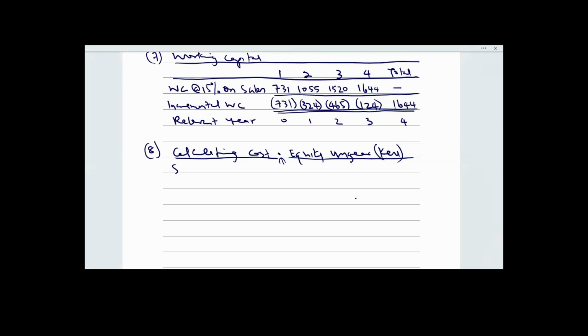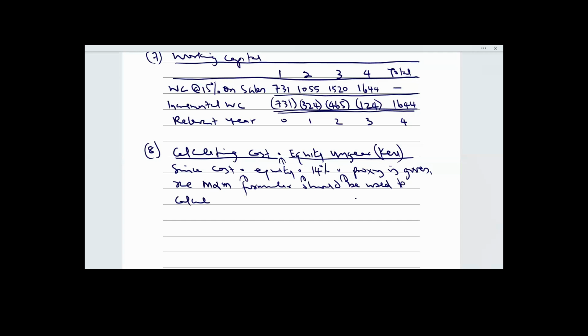So since cost of equity of 14% of a proxy is given, the Miller and Modigliani formula should be used to calculate the cost of equity on gear as shown below.